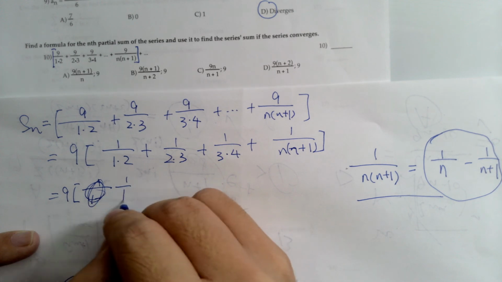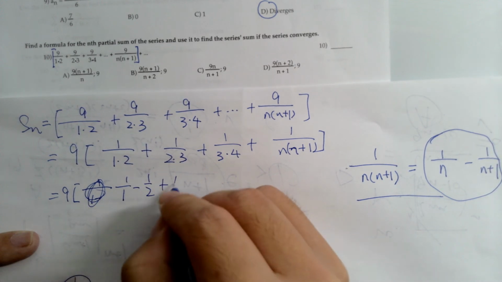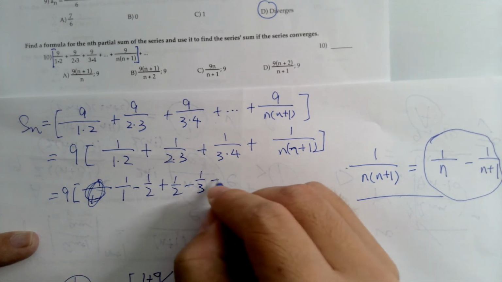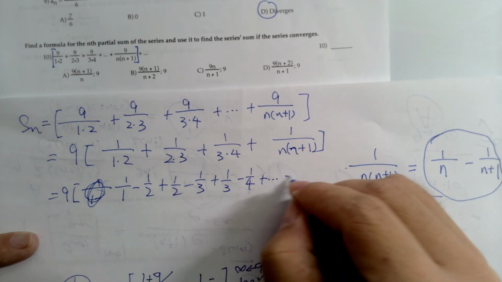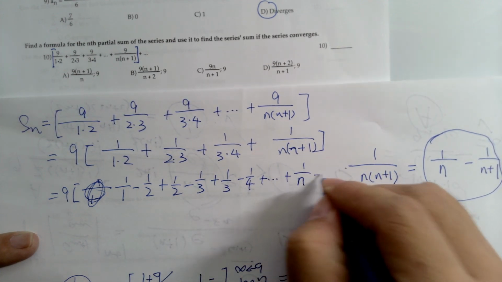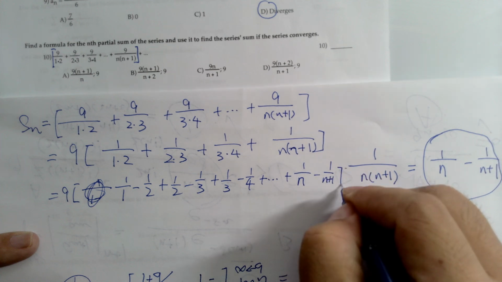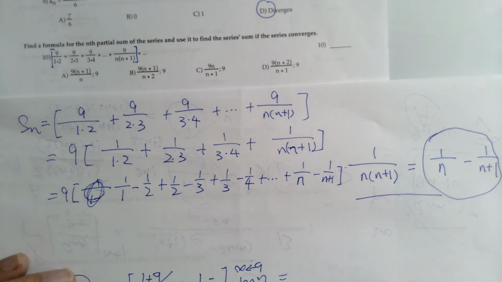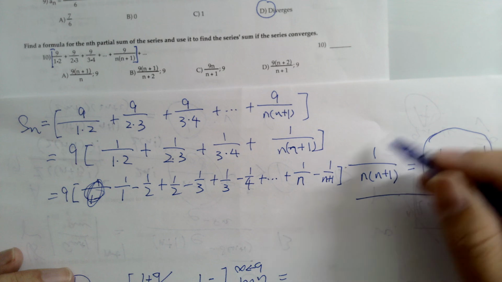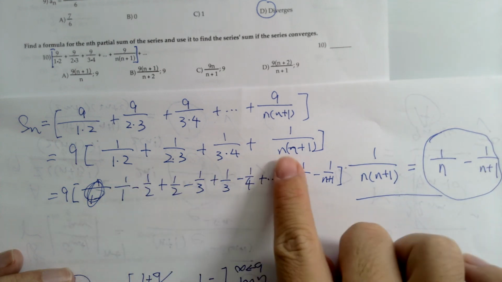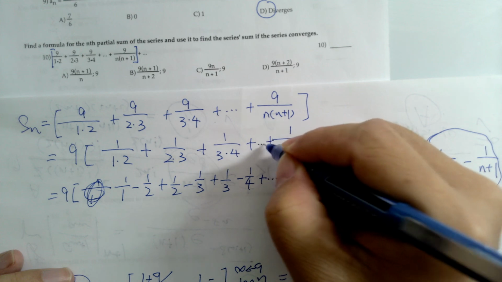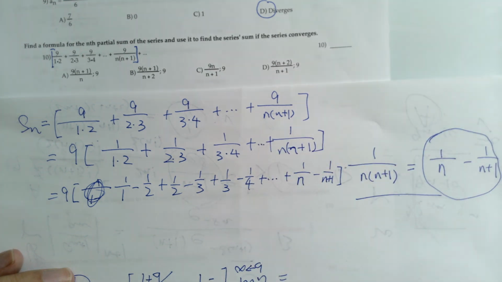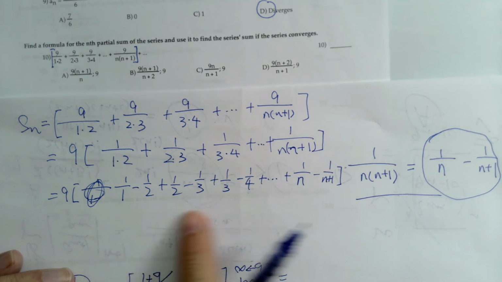It's 1 over 1 minus 1 over 2 plus 1 over 2 minus 1 over 3 plus 1 over 3 minus 1 over 4 plus, and then plus 1 over n minus 1 over n plus 1. Realizing that if we apply this to the component inside of this bracket, this is what we have.